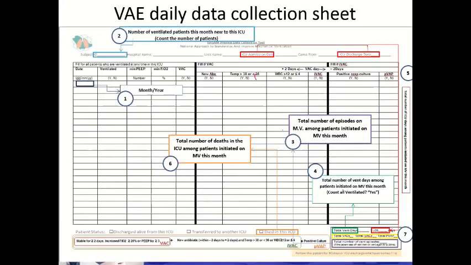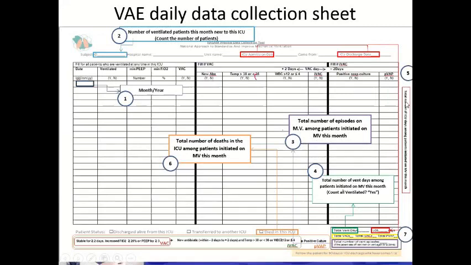And the third thing, which is the total number of episodes in mechanical ventilation among patients initiated in this month, will be taken from the summary data at the right lower corner. Ventilator days will be, again, counting all the ventilated yes entries from this column.